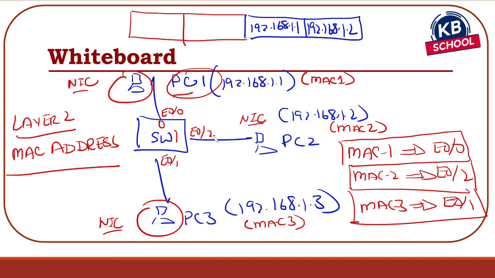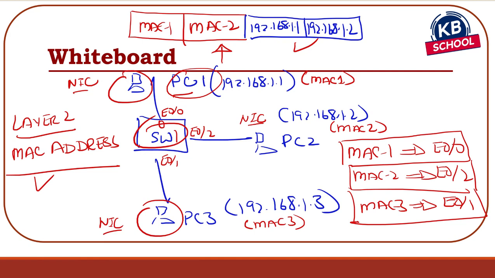So when a packet comes in, the switch will not look at the IP address. Its functionality is to forward traffic by looking at the destination MAC address. So if the traffic is going from MAC1 to MAC2, it's going to consult the MAC address table and forward the traffic by looking at the MAC address.